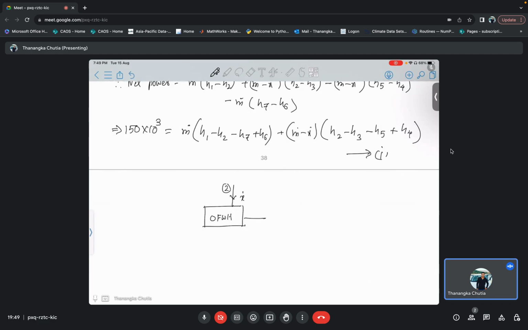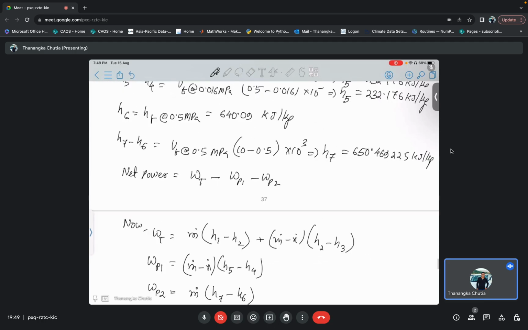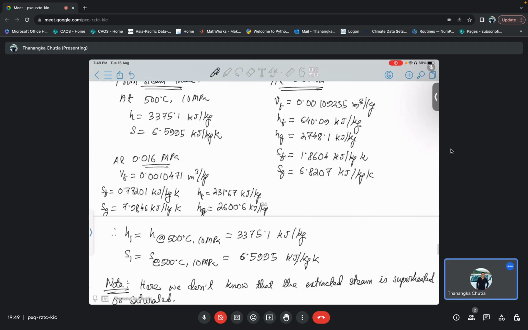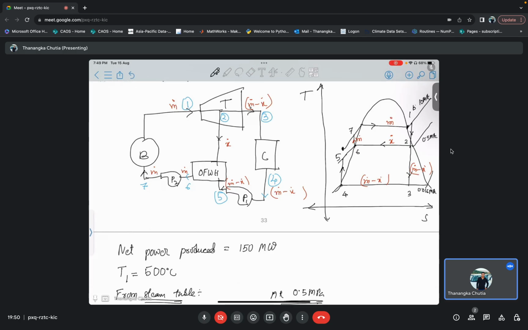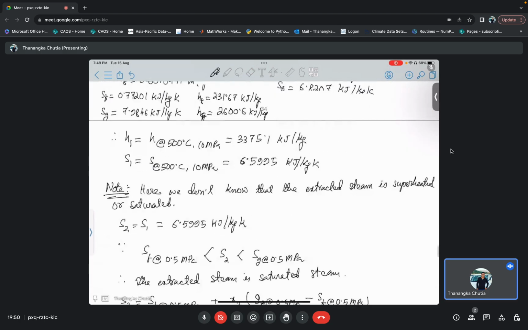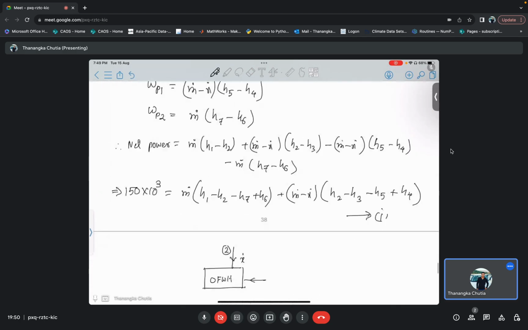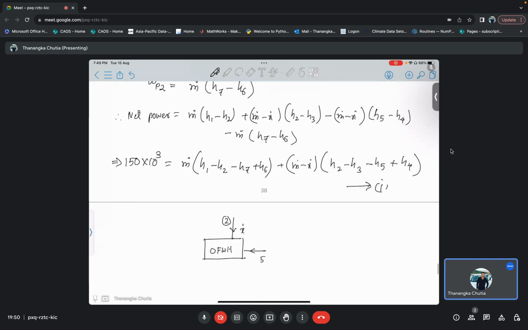And from this side, that is from the condenser, from the pump, m dot minus x dot is coming, and point number 5 is the entry point. And what is going out? Going out is m dot mass, and what is the point?